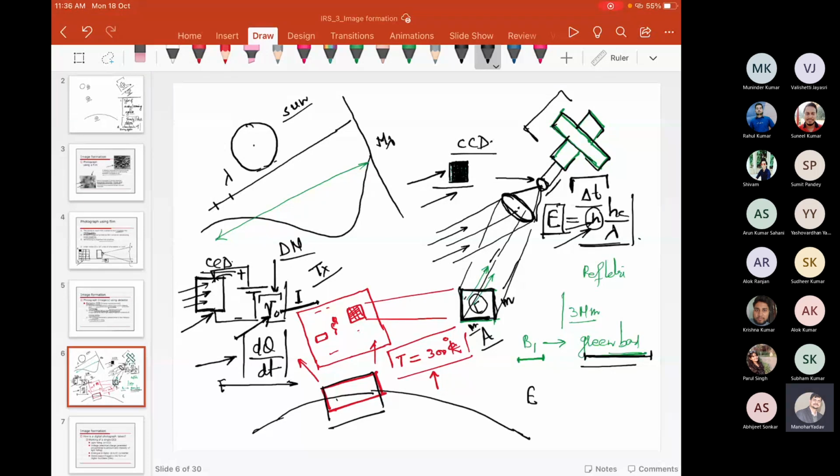And the magnitude of voltage is finally used to generate a digital number corresponding to this particular picture element or ground resolution cell. So this process that we have discussed in brief, we'll discuss elaborately in the next slides.